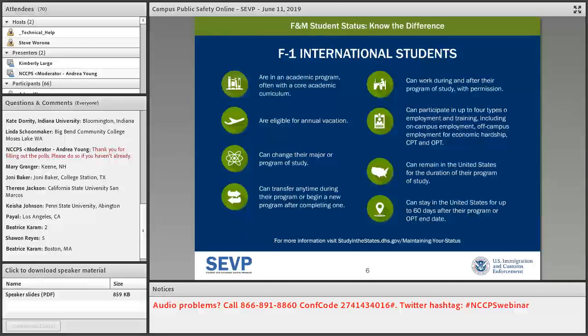F1 students, they can apply for employment authorization during certain times of their academic program. And they're also admitted to the United States for what's called duration of status. So as long as they're maintaining their status and enrolled full-time and doing what they said they were coming to the United States to do, they're going to be allowed in the United States.